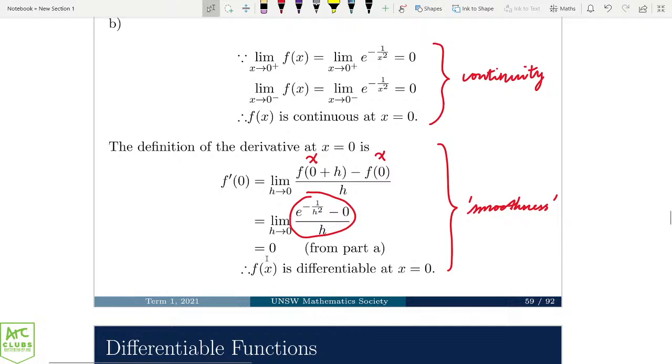Now you should be able to see how part A and part B of one question are usually very closely related. You should always be looking at the result from part A to see if you can use it somewhere in part B. Because this particular limit exists, which is equal to 0 from part A, we know that f(x) is indeed differentiable at x equals 0.